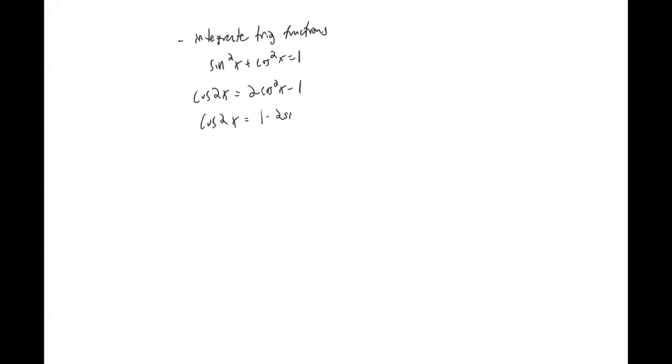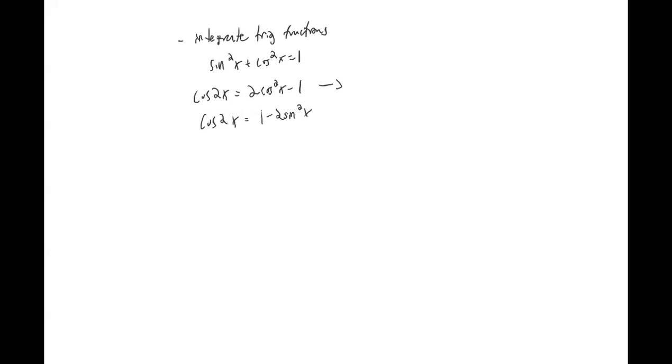So our goal is to integrate trig functions. The main things we will use are this common identity, and then the double angle identities. This is how I remember it, but what we need is the opposite way.